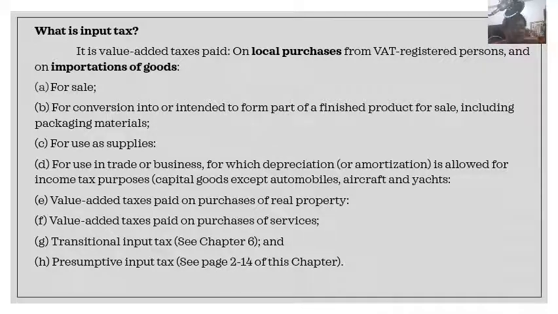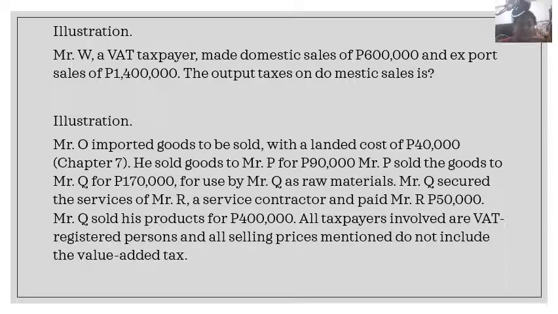So, parang benefit niya, ina-allow siyang mag-deduct ng transitional input tax dun sa kanyang output tax. Presumptive input tax, ito naman yung para sa mga benefit ng mga manufacturer ng certain goods and services. So, ina-allow silang mag-deduct ng presumptive input tax para mabawasan yung i-remit nila sa BIR na added tax.